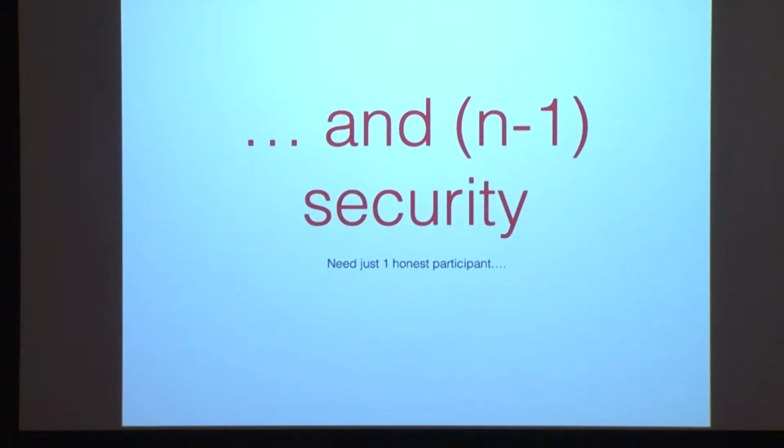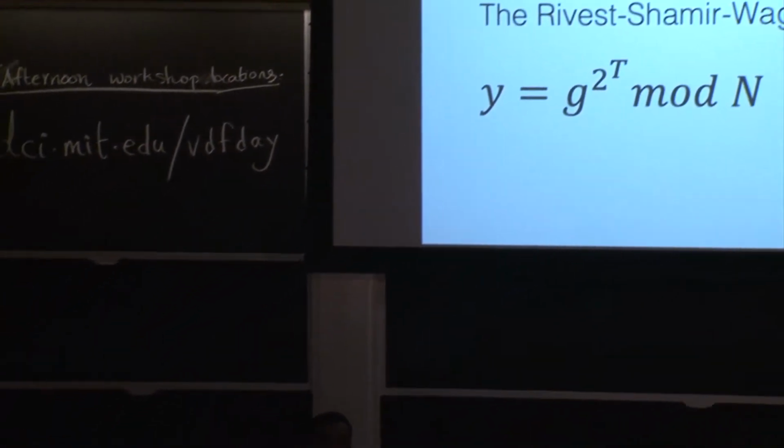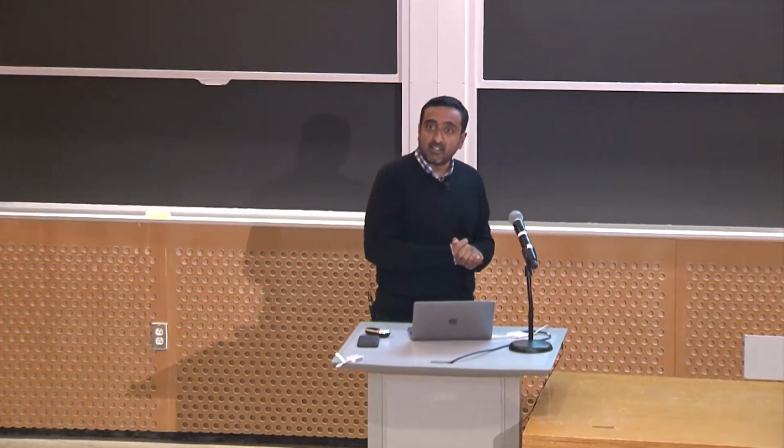And why are we doing this? You've heard a lot of talks today about where this is headed. You want to compute verifiable delay functions, inherently sequential computations. And this is a classic construction of one such candidate. And of course, there are newer constructions which extend this idea.